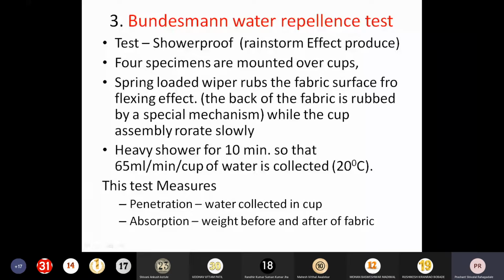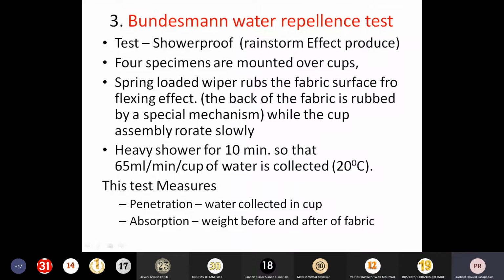On the mouth of each cup you have mounted a fabric, so on the top surface of the fabric the water drops are falling, and the inner surface of your fabric is rubbed by a wiper in that cup. उस कप के अंदर वाइपर्स हैं जो फैब्रिक की इनर साइड को रब करते हैं. I will show you the figure, so it will be clear to you. And this action we will do for 10 minutes.